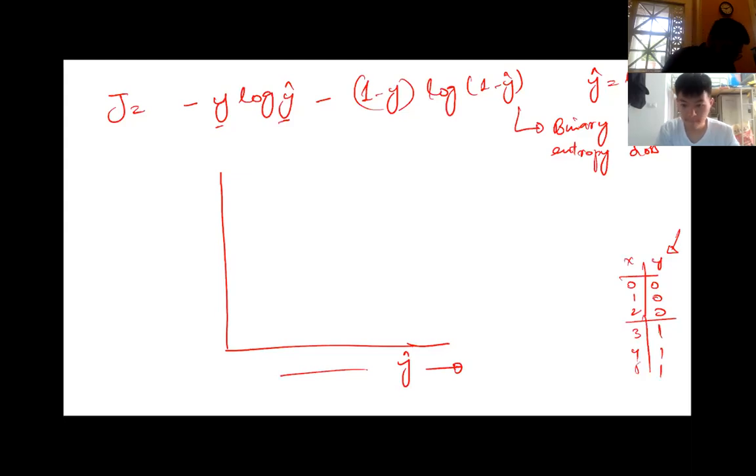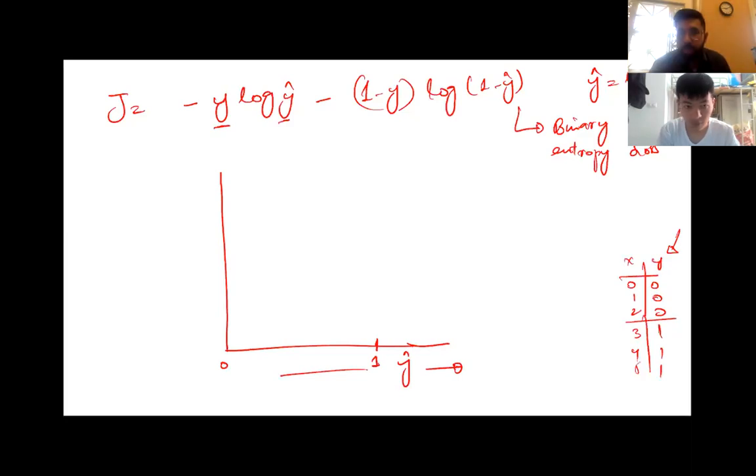And what are the possible values of y hat? Which interval do I need to plot it on? Just 0 and 1, exactly. So we need to plot it between 0 and 1. Okay, so what are the possible values for y? It's a binary classification problem.